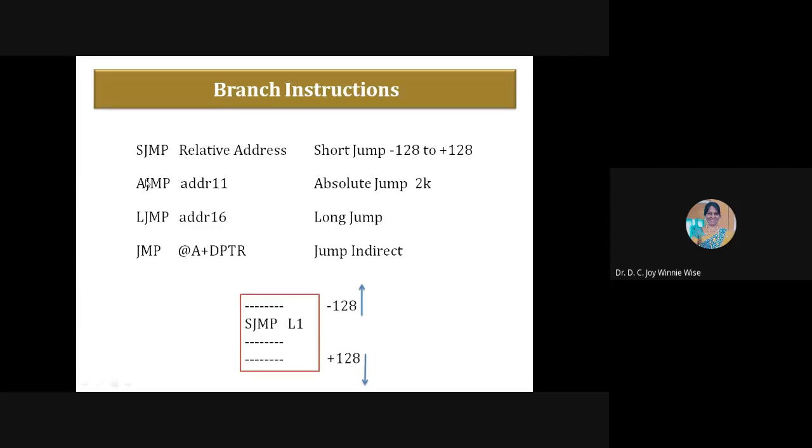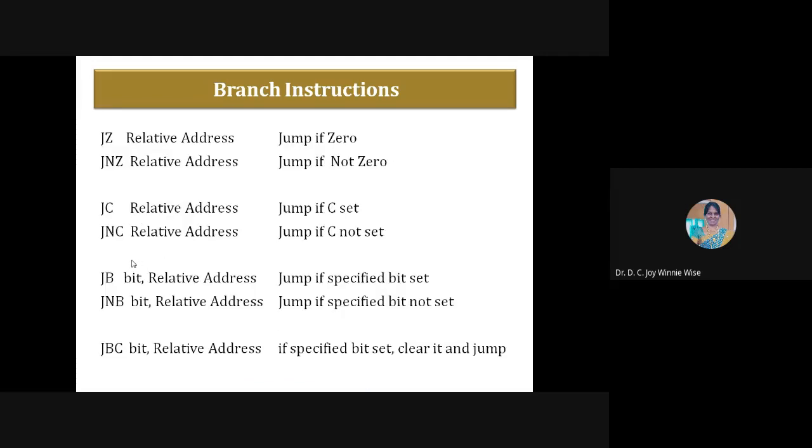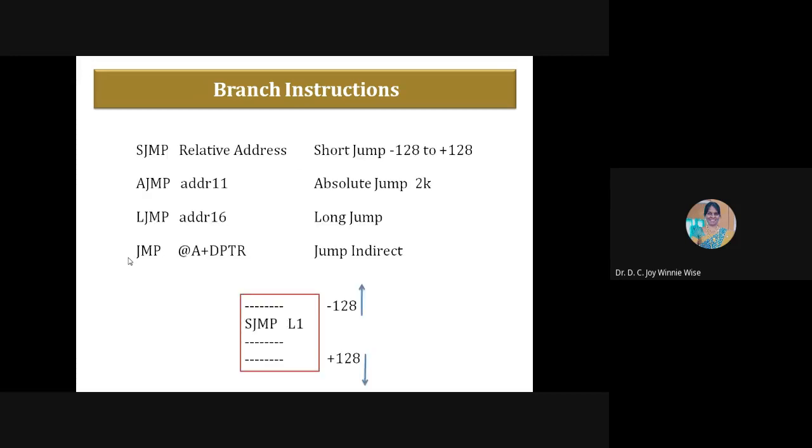Like this, absolute jump again means from that particular location we can jump to a 2 into 1024 memory location. Long jump means we can jump anywhere inside the program. And the last instruction is JMP @A+DPTR, which means we have to add A plus DPTR, and we will get the data there, so we have to jump to that memory location.